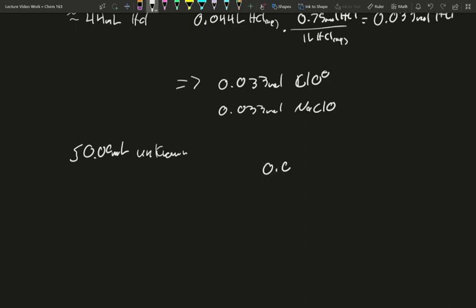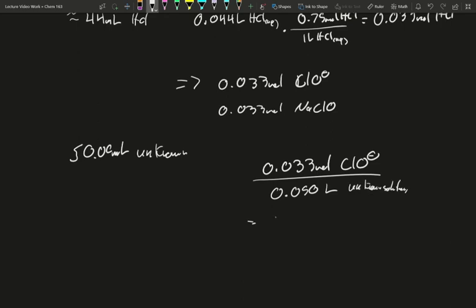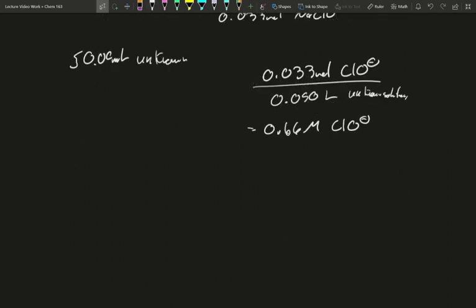So 0.033 mole of the hypochlorite over 0.050 liters of the unknown solution, giving us a 0.66 molar hypochlorite.